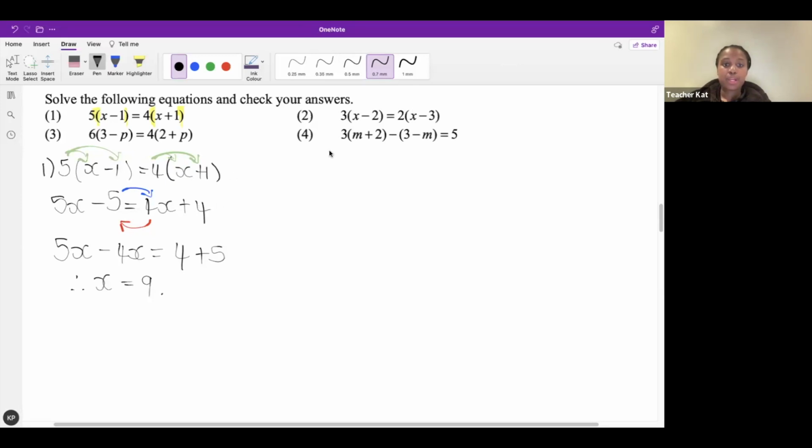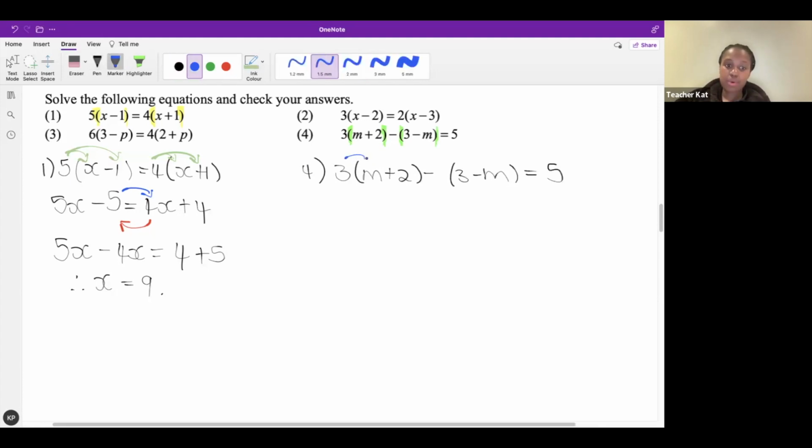Okay. Let's do 4. Once again, I have brackets that are in my way. So what happens with this bracket next to my negative? What do you guys think we're going to do there?